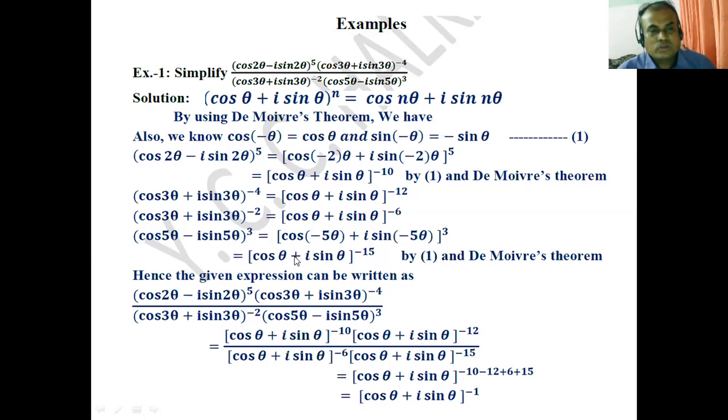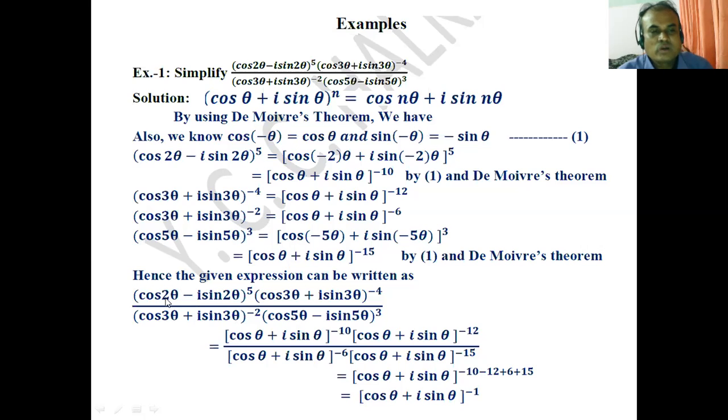Now this simplification factor is in one base, the same base. So we use this simplification in this example. Hence the given expression can be written as, now LHS, each factor's simplification put here.